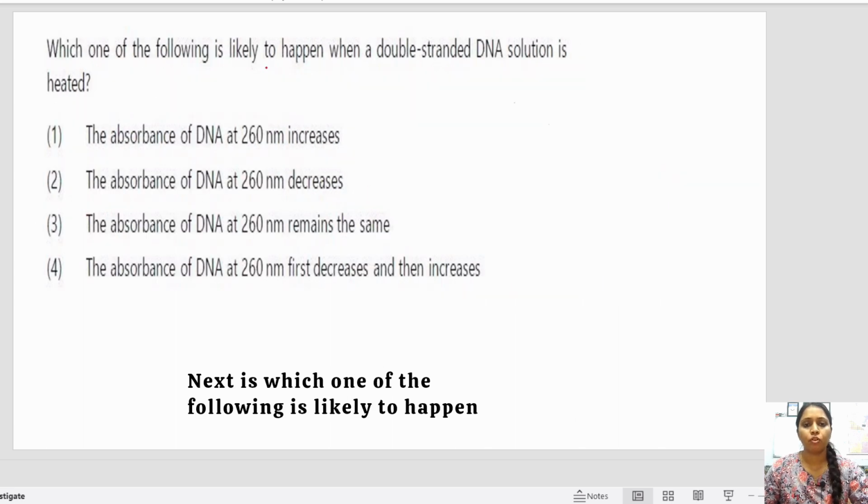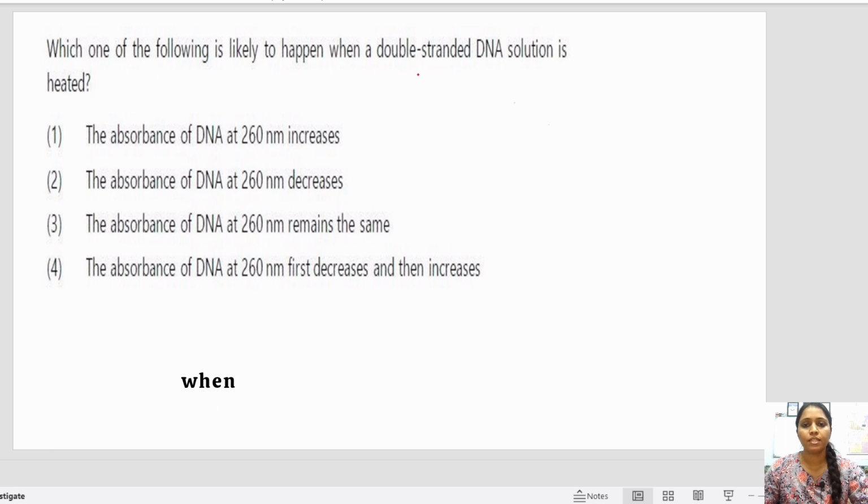Next is, which one of the following is likely to happen when a double-stranded DNA solution is heated?